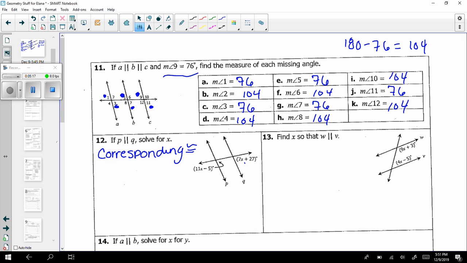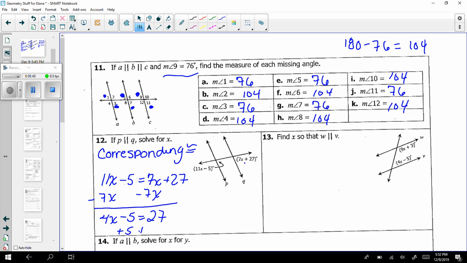When they're congruent, in order to solve for the variable, I set them equal to one another and solve. So I have 11x minus 5 equals 7x plus 27. I bring the variable to one side, and I get 4x minus 5 equals 27.